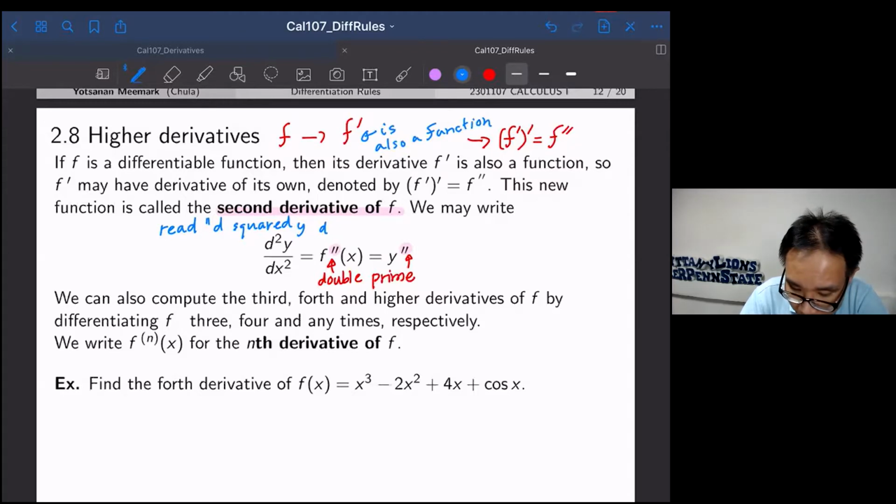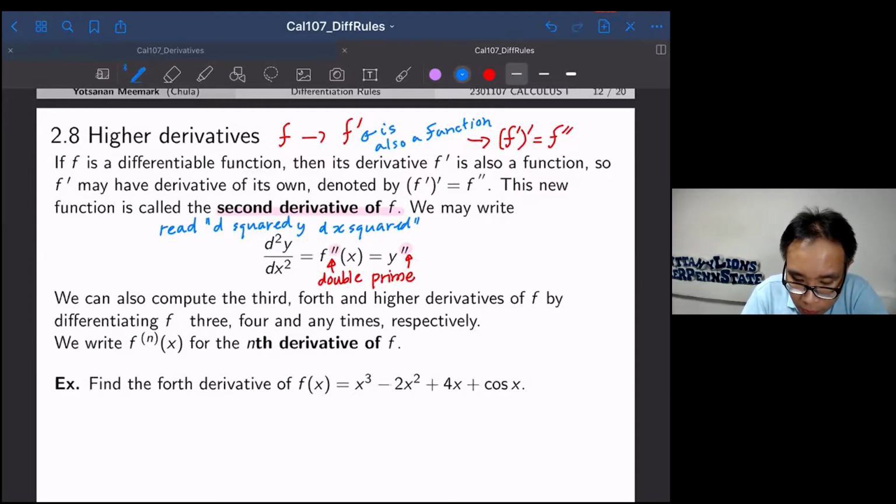This stands for the second derivative of a function f.